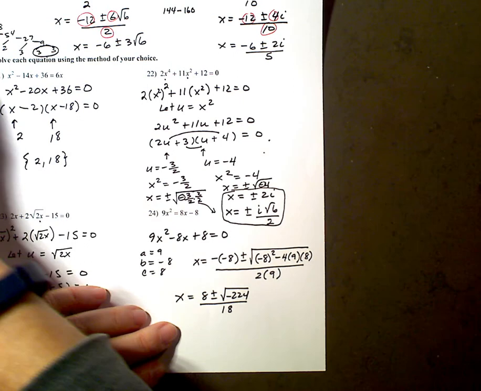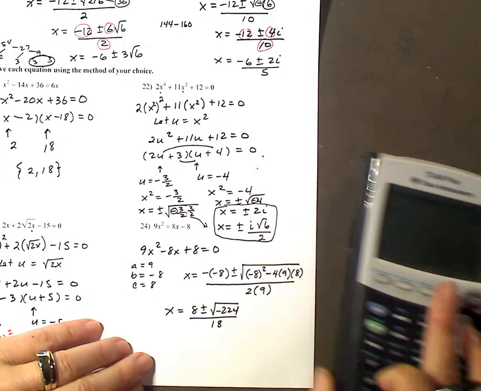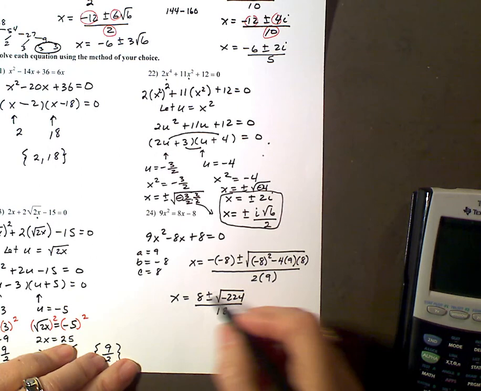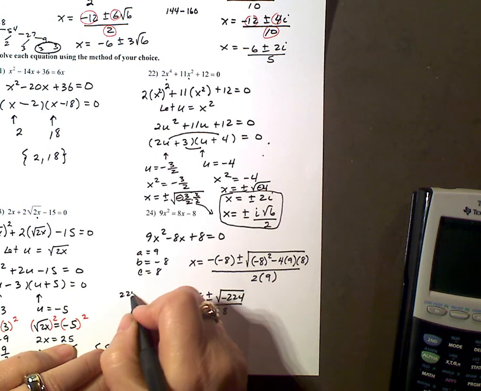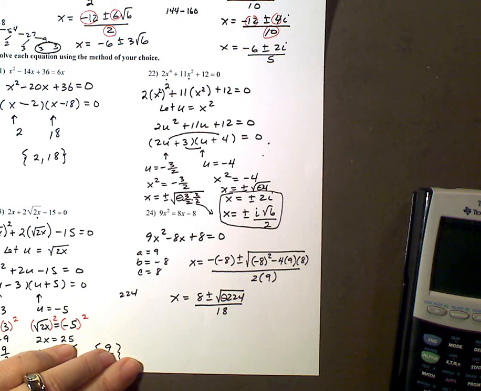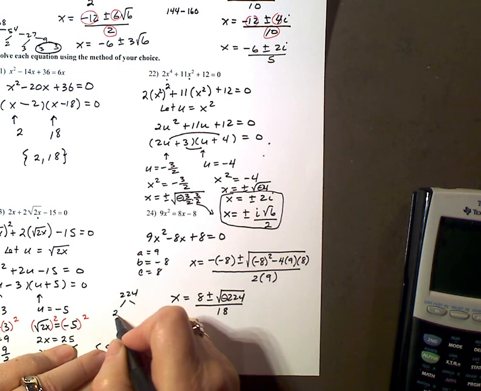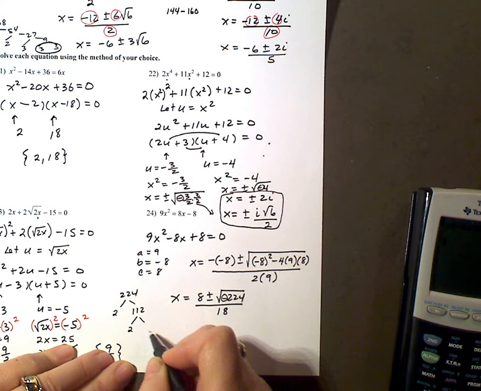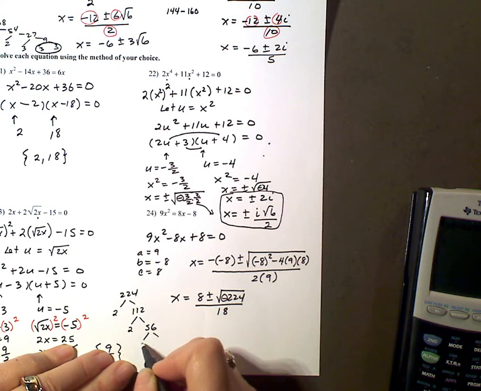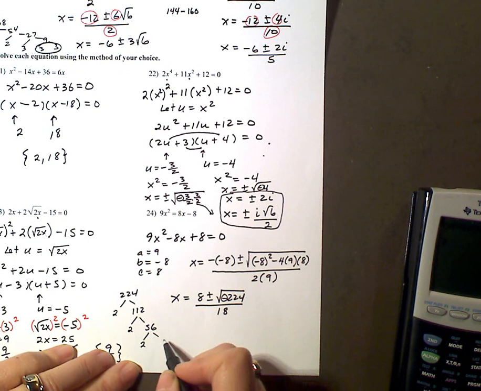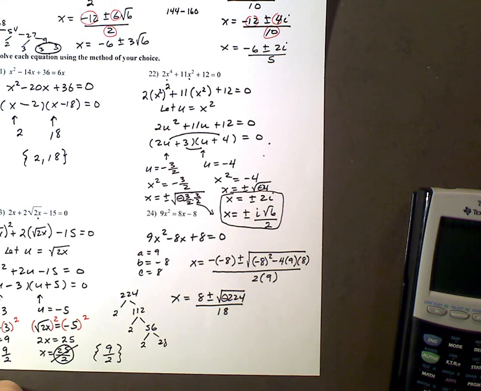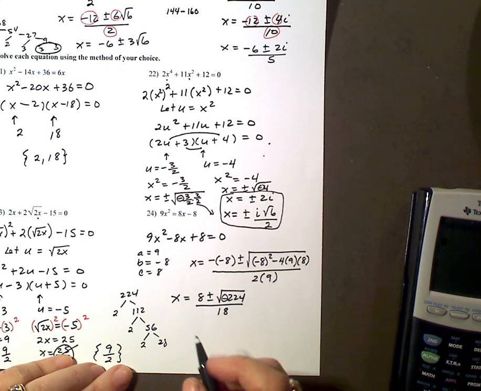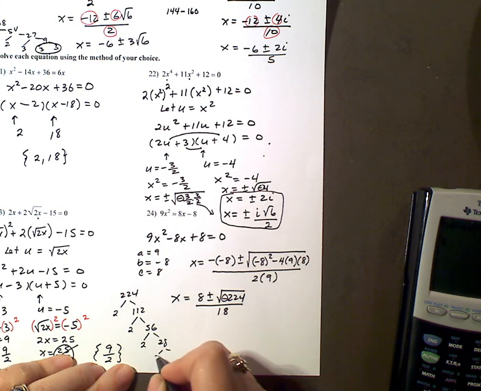So I tried taking the square root of that, and it is not a perfect square, so I have to factor out that 224. I know I'm going to have an i come out. So this is 2 times 112, which is 2 times 56, which is 2 times 28, 2 times 14, which is 2 times 7.